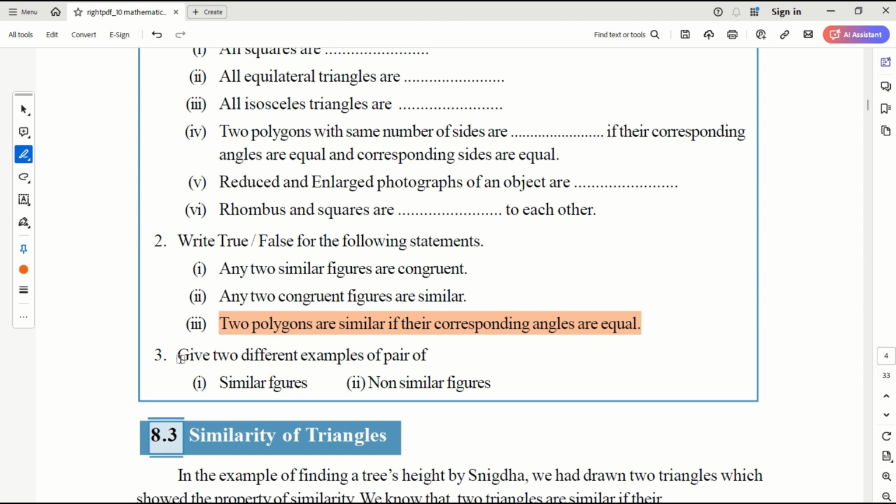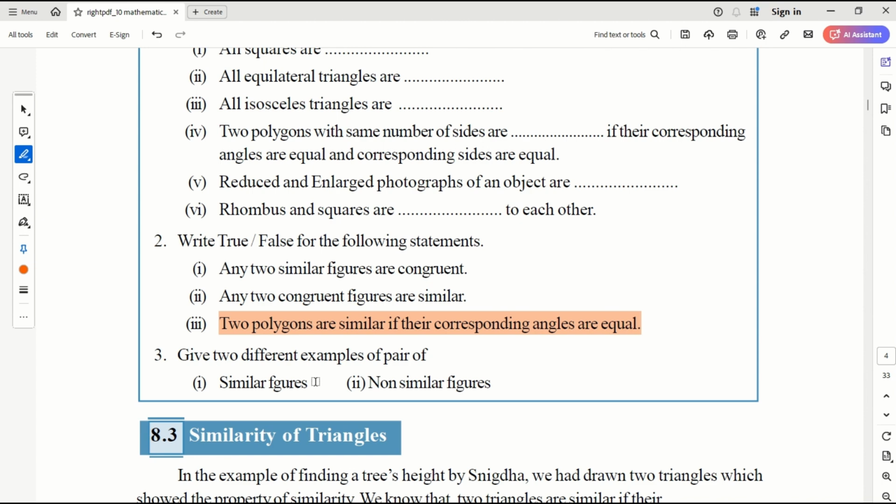Third, give two different examples of pairs of similar figures. You can have lots of things we have seen just now: squares, all equilateral triangles. You can have so many other examples.